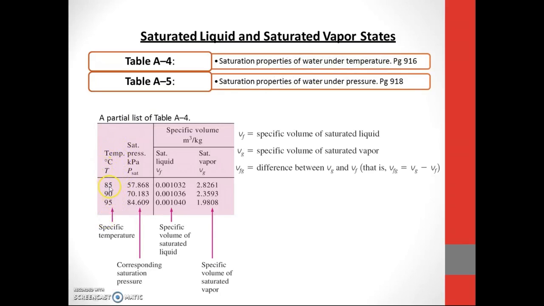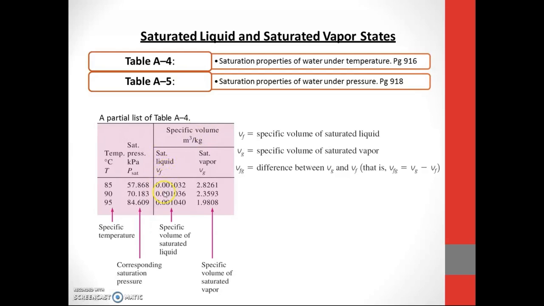So at 85 degrees Celsius, here is the P saturation, the saturation pressure, which is 57.868. Okay, and at the same temperature, we will have the value of saturated liquid specific volume.